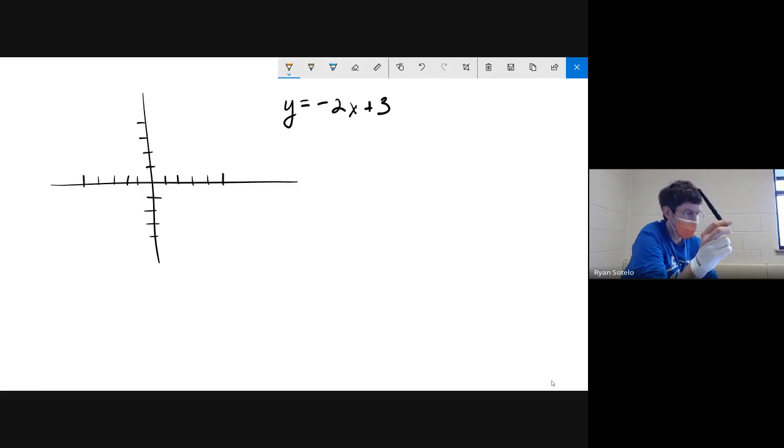And then negative 2x over 1, this will be negative 2 over 1. We're going to think of rise over run that way. Up 3, yeah. So I'm going to go up 3. And then down 2 over 1. That's my next point. That's how I plot the line.